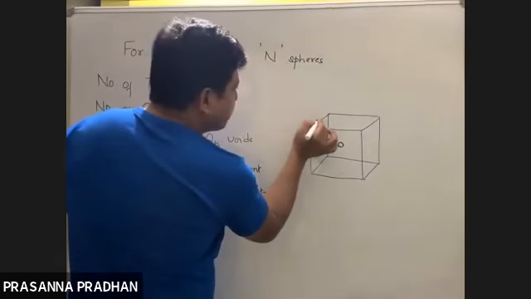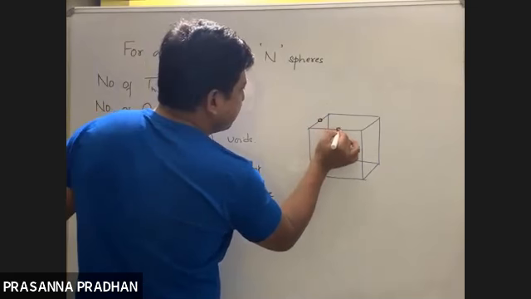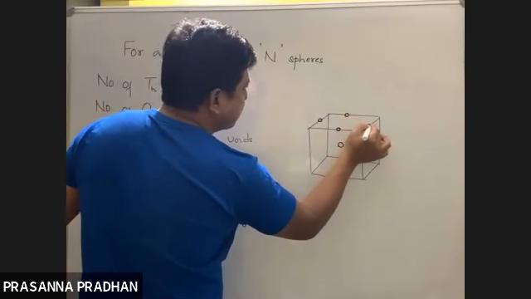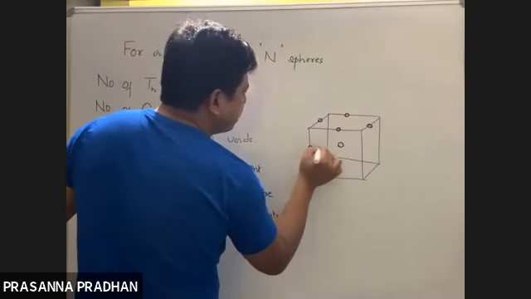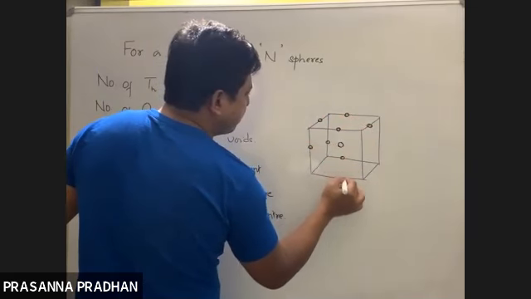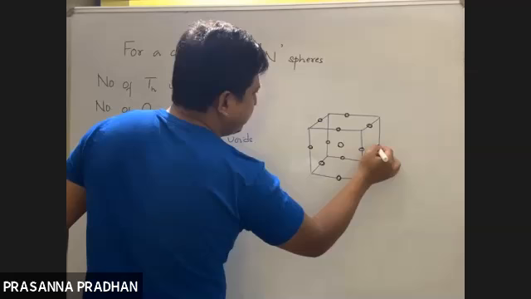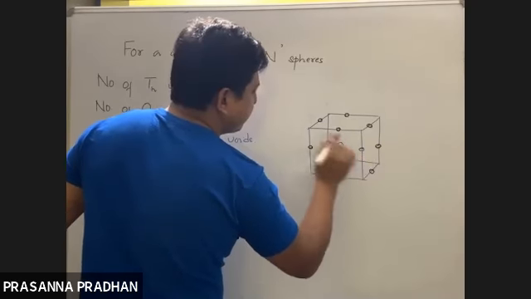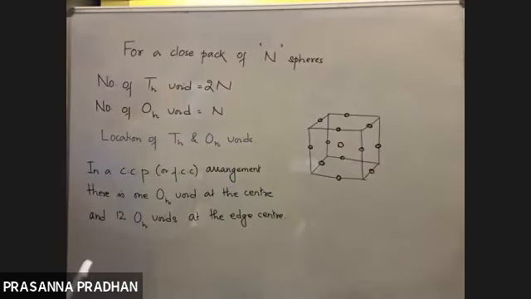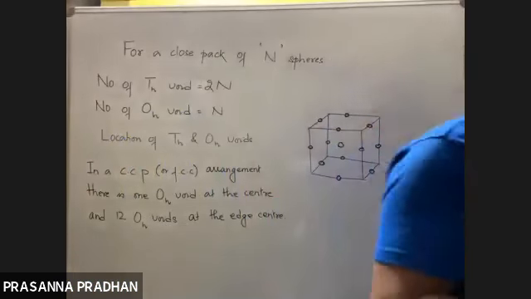You will find 12 octahedral voids at the center of the 12 edges, like this. I'm not going into details here, that will only be at your NEET level. I'm just trying to explain. Just remember where the voids will be. This much is enough.